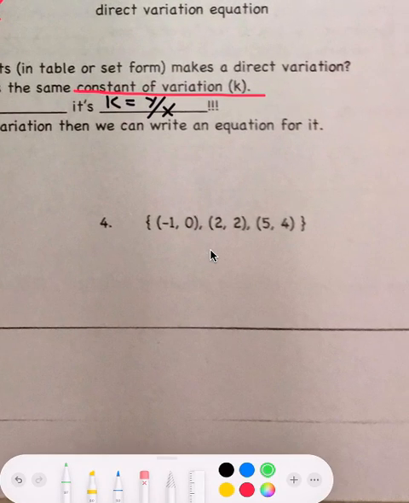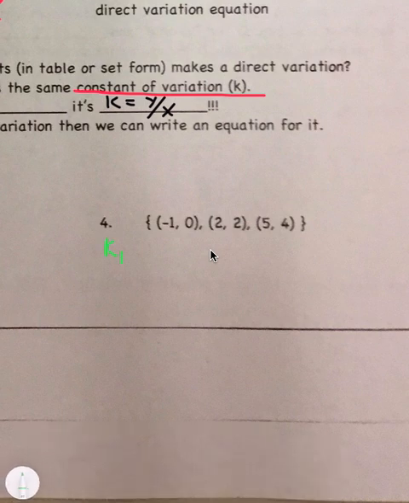Now, we'll try this one for direct variation. So remember, k1, k2, k3, and we have to do y divided by x. So for this first one, we have 0 divided by negative 1, which is 0. For the second one, we have 2 divided by 2, which is 1. For the last one, we get 4 divided by 5.